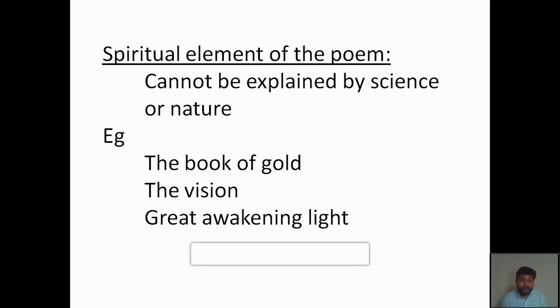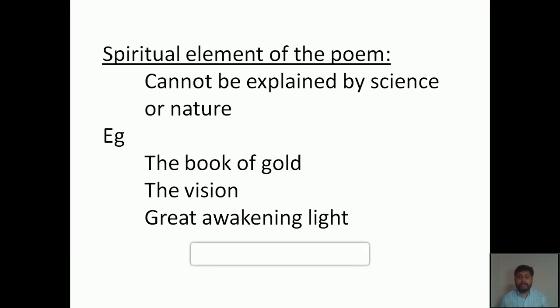So there are a number of examples; I have just pointed out a few. These kinds of words create a spiritual atmosphere while we read the poem. So the spiritual element is there in this particular work.